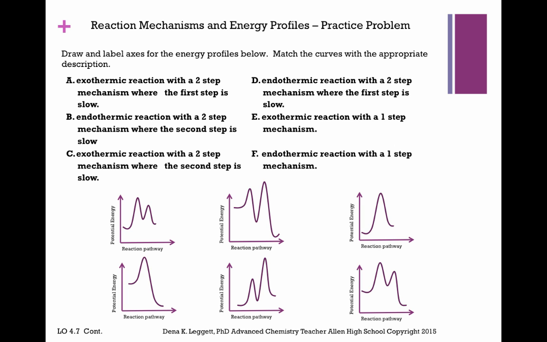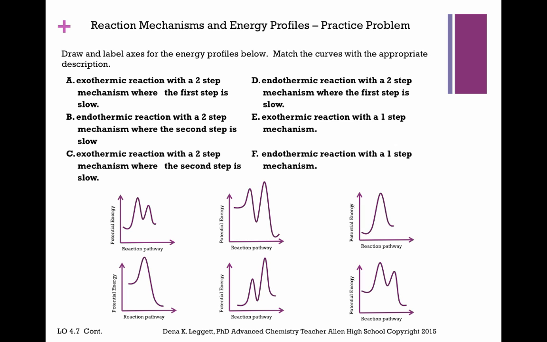So it says to match the curves with the description. If we look at A, it says it's an exothermic reaction with a two-step mechanism where the first step is slow. When we're looking at these reaction mechanisms, how can we determine which step is the slow step and which one is the fast step? Right, the one with the more activation energy.